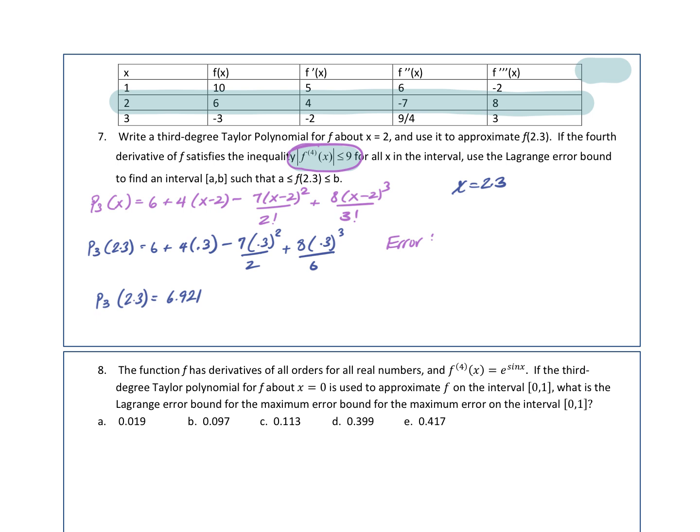That is so helpful. You don't have to do anything. So it's f4 of z. Then it's x minus c, so 2.3 minus 2 to the 4th power over 4 factorial. So this becomes 0.3 to the 4th over 4 factorial. All of this is just the 9. So times 9.